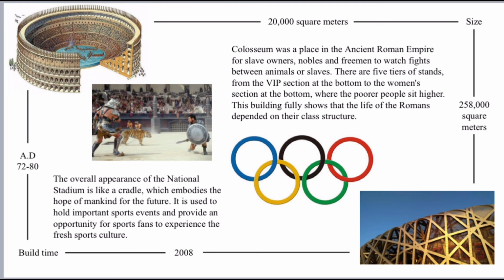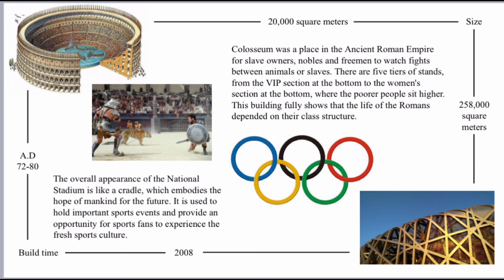culture. First of all, the Colosseum is a place where slave owners, nobles, and most free people of the ancient Roman Empire watched animals or slaves fight. The Colosseum had 5 floors, the bottom of which was for nobles, then women, and finally the poor people.